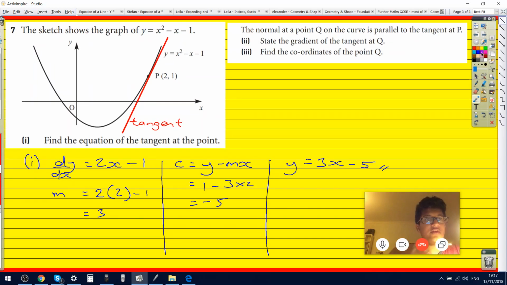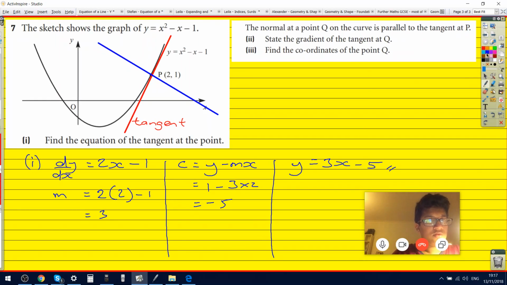So if you have the curve on the other side, there'd be a point somewhere. Yeah. And then that would just be parallel to that at P. So I'm just going to do a more standard one.